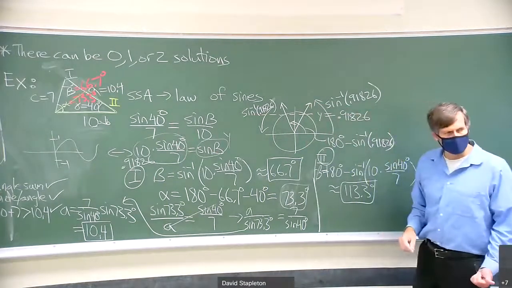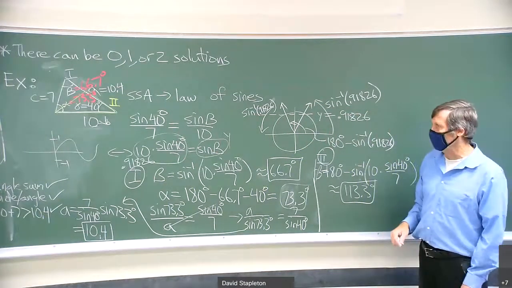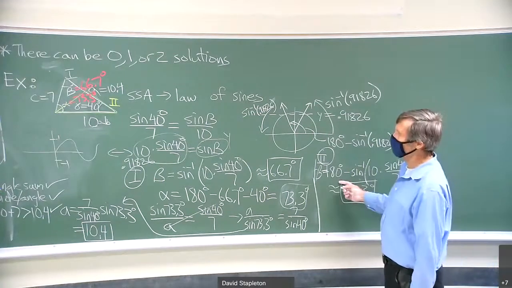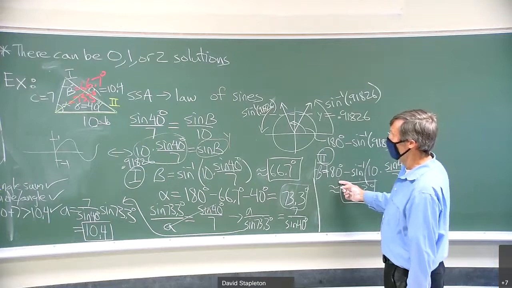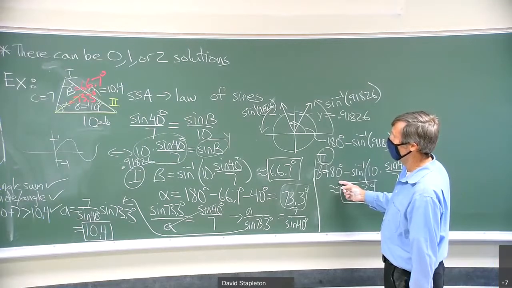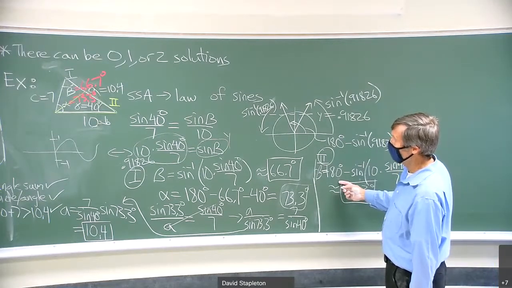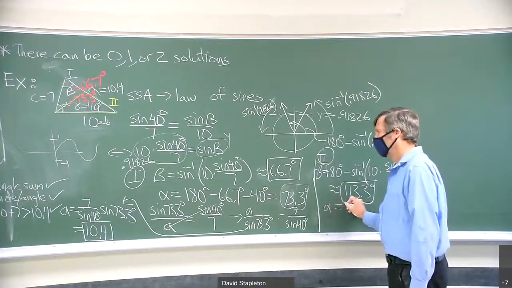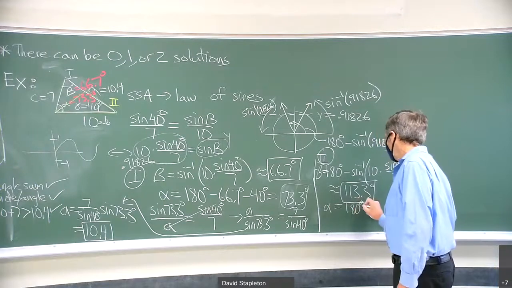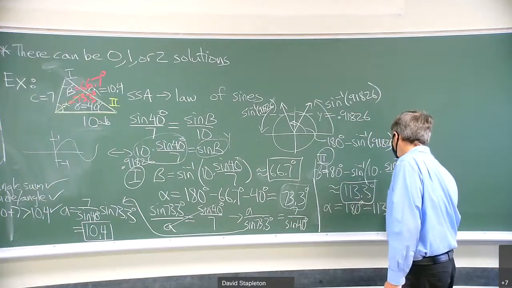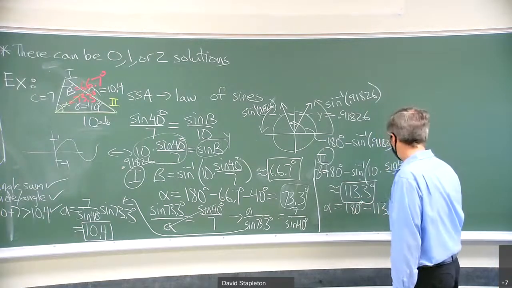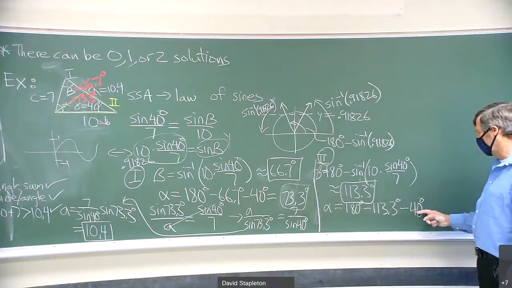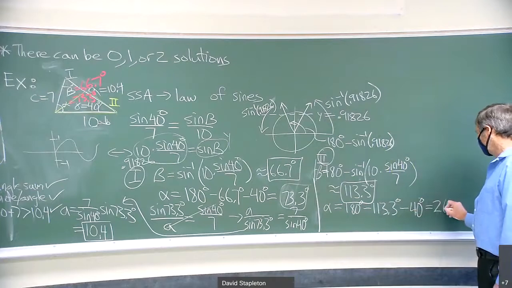Now, in the case that there's only one triangle, sometimes this happens, that there's only one triangle. What you'll find is when you go to calculate the last angle, let's see, we've got gamma and beta, so we need alpha is 180 less the two angles that I found, 113.3 and 40 that I was given. Well, let's see, it's 153.3, that leaves me 26.7 degrees, right?